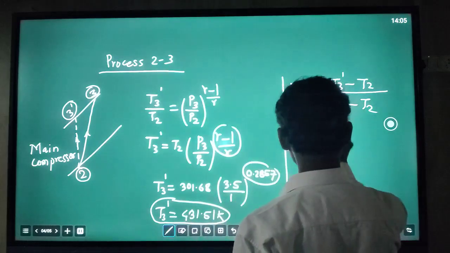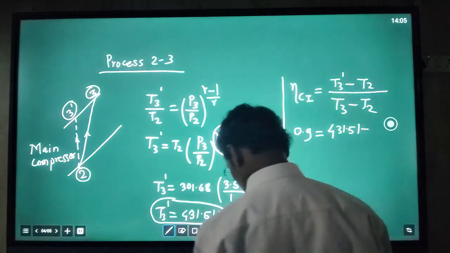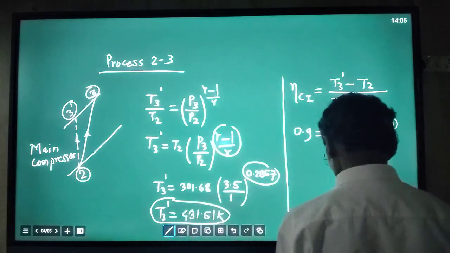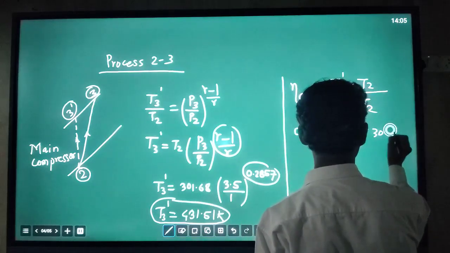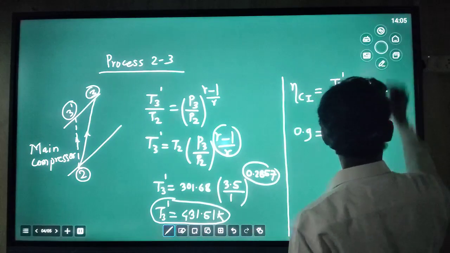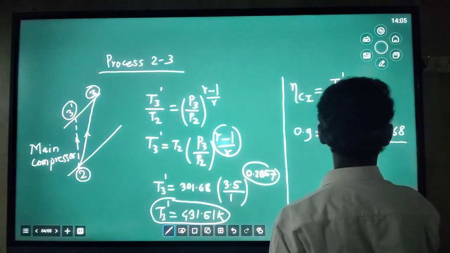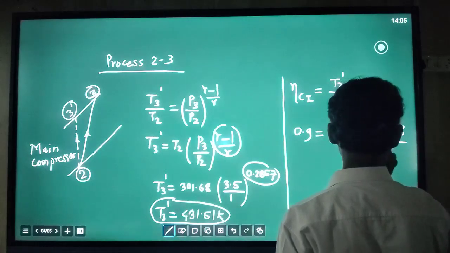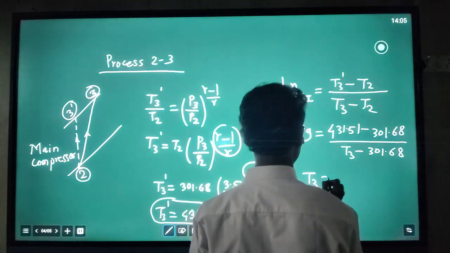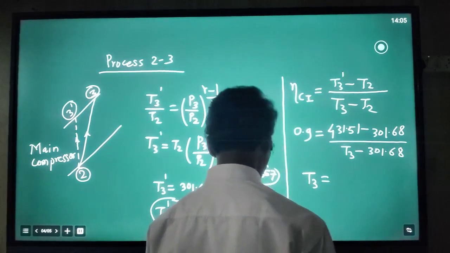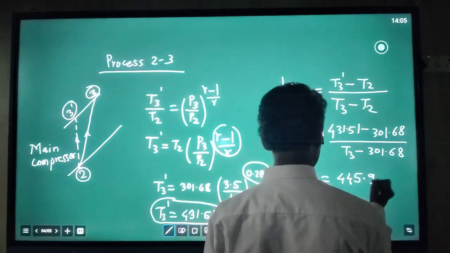Here T3 dash is 431.51 and the value of T2 that we already calculated is 301.68, divided by T3 minus T2. By doing this calculation, we get the value of T3 as 445.93 Kelvin.